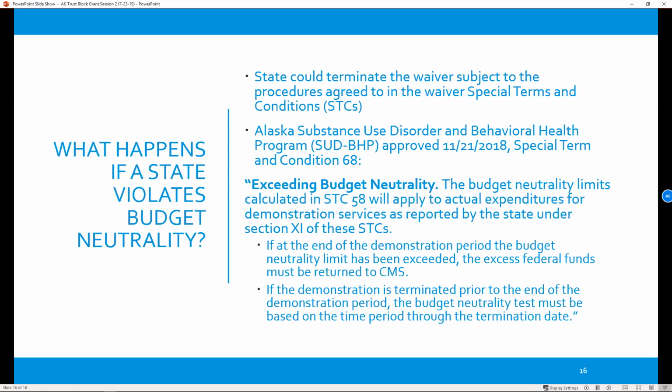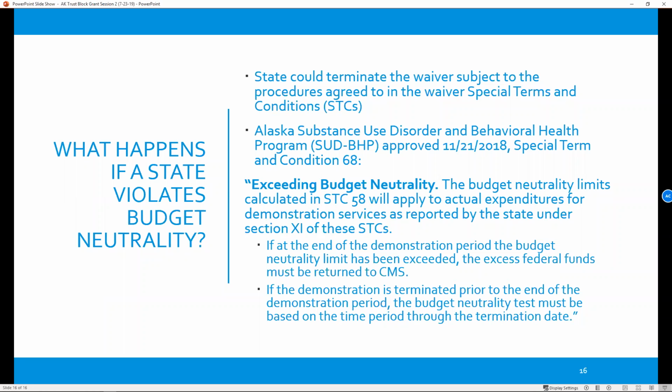So the first point is, in the final waiver approval document, there are a whole list of what are called STCs, special terms and conditions. And it's that set of terms and conditions which lay out all the details, including what happens if the state violates budget neutrality. So here's an example.